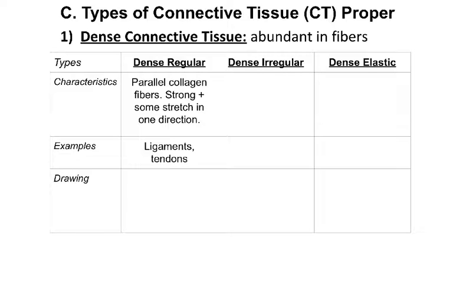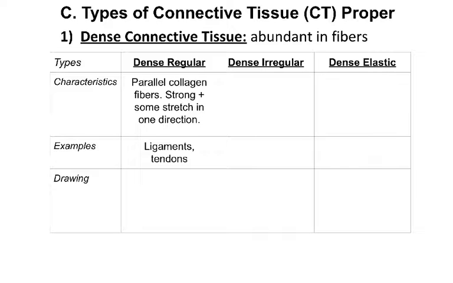Okay, so dense regular consists of parallel collagen fibers. Remember the thick, big fibers? They're strong, and some stretch in one direction, and they're lined up so that all these collagen fibers are parallel to one another. You aren't going to see thick lines the way you see them in skeletal muscles, but it's similar in idea.